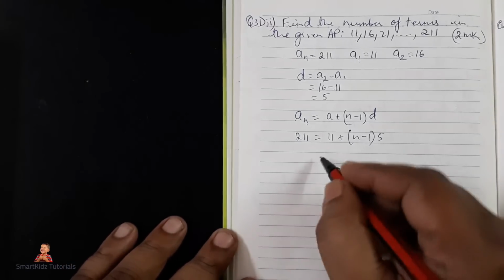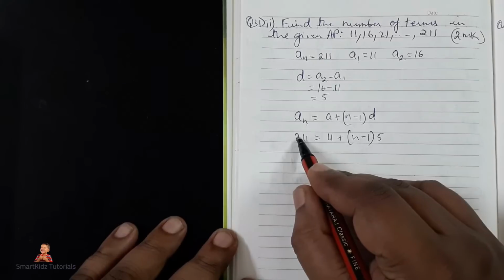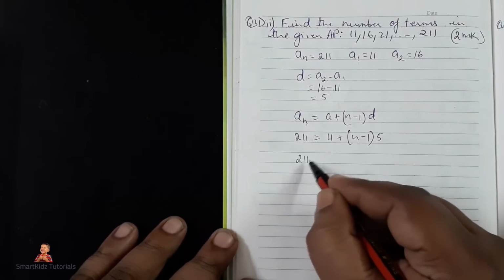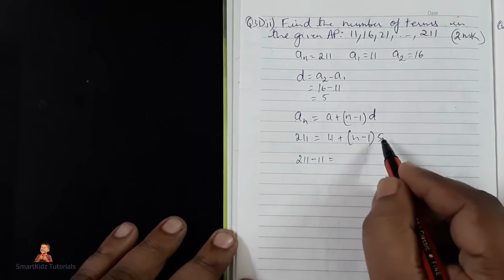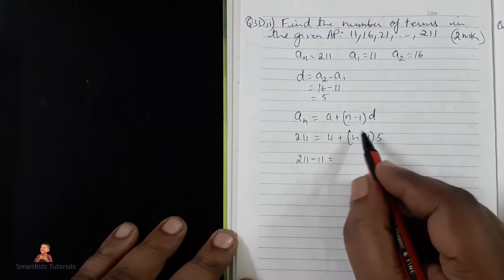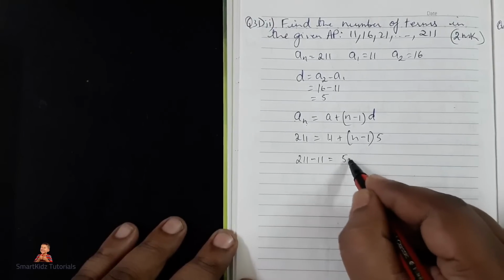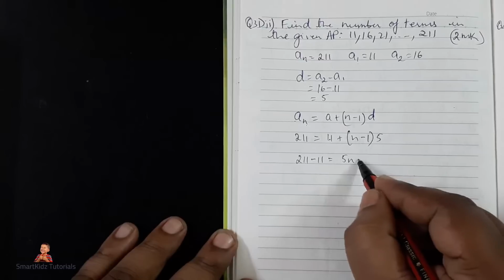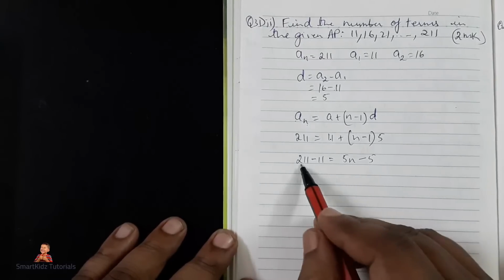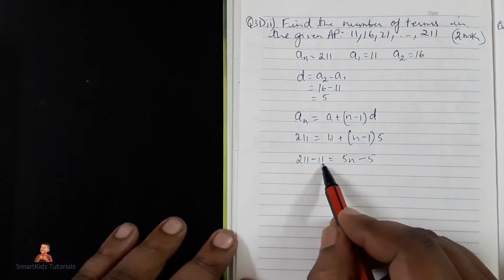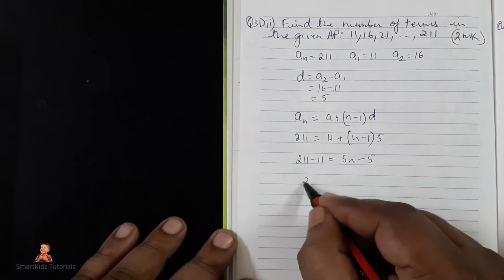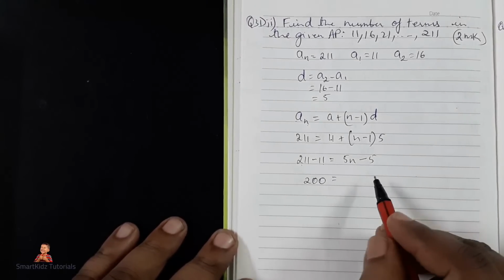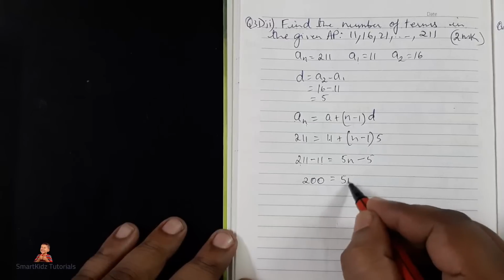Then I'll take 11 to the left hand side, it will become negative, and I'll multiply 5 into this bracket. So 5 into N gives us 5N, 5 into minus 1 gives minus 5. 211 minus 11 gives 200 equals 5N minus 5.